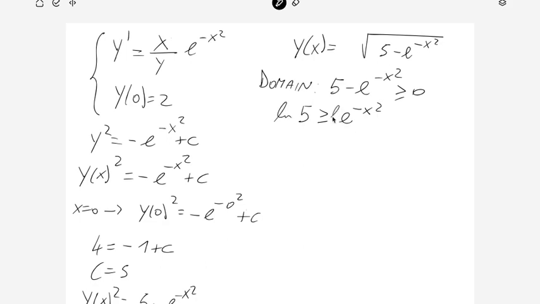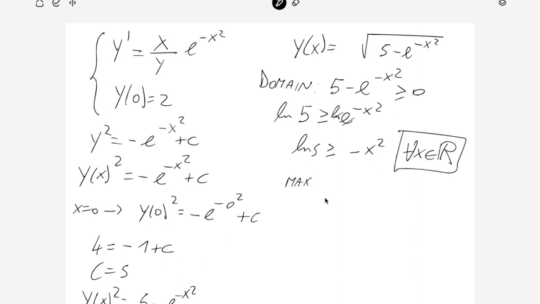I compute the logarithm here, so logarithm of 5 greater or equal than minus x squared, because I can simplify the logarithm and the exponential. Logarithm of 5 is positive, minus x squared is negative, so this is always true, without computation. So the maximal interval, which is the domain, is equal to R.